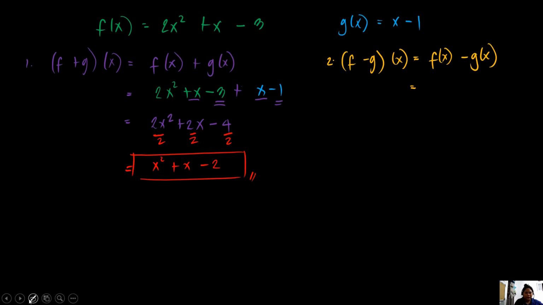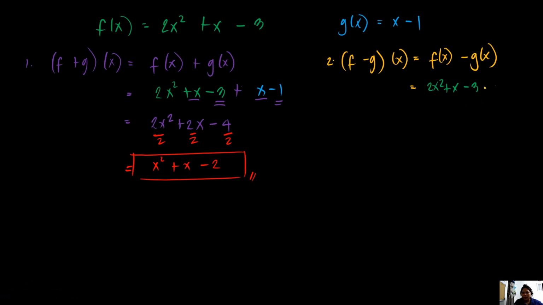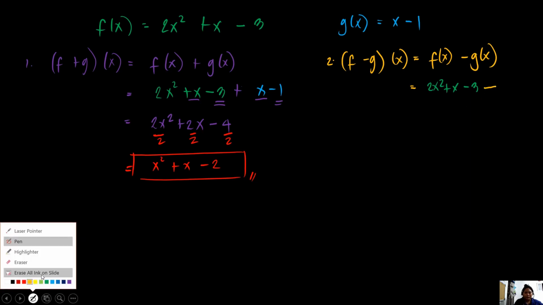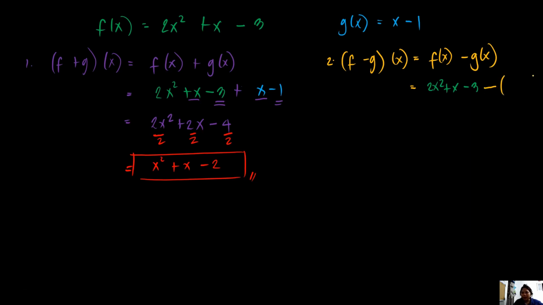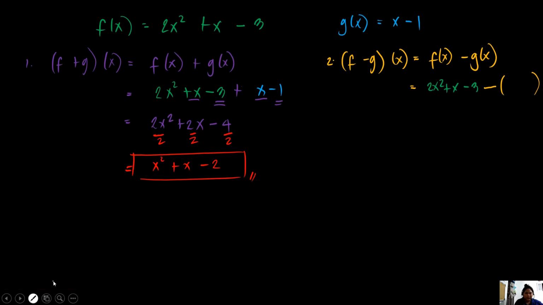Since our f of x is 2x squared plus x minus 3, then minus, we are going to put a parenthesis there because since this is subtraction, it will change the sign of the given. Our g of x is x minus 1.